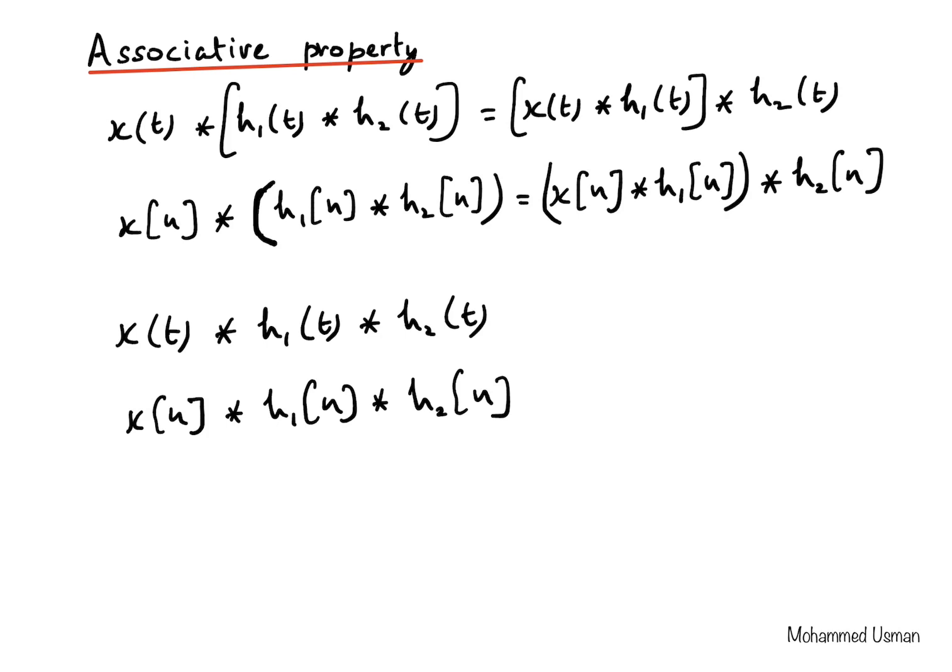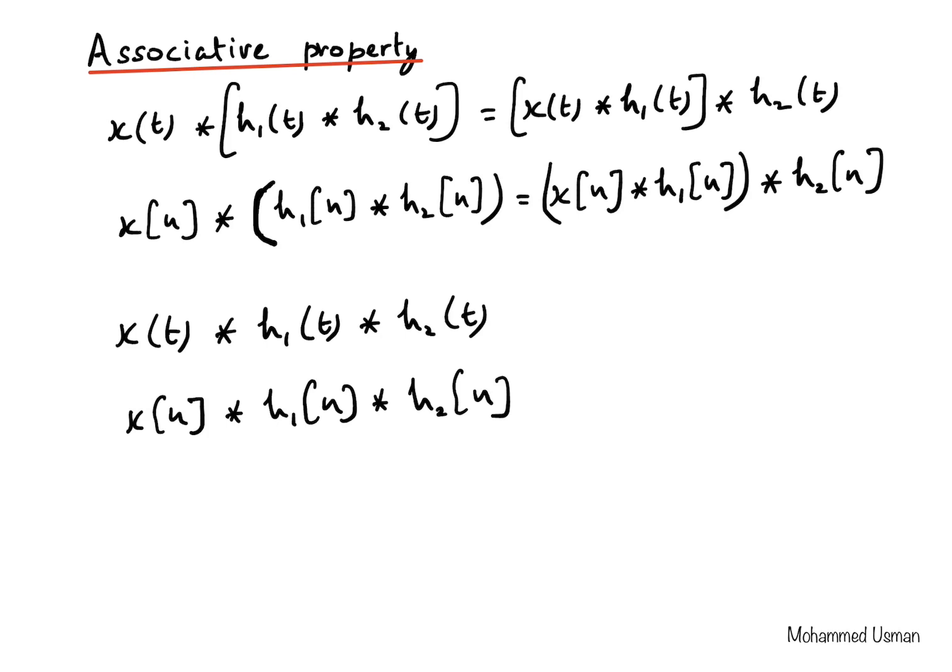So when we have systems in series, suppose we have system 1 which has an impulse response h1 of t, and system 2 which has an impulse response h2 of t. The order of these systems in a series representation is not important. We can interchange the order of the two subsystems and have the same overall response of the system. So that's where the associative property becomes useful.